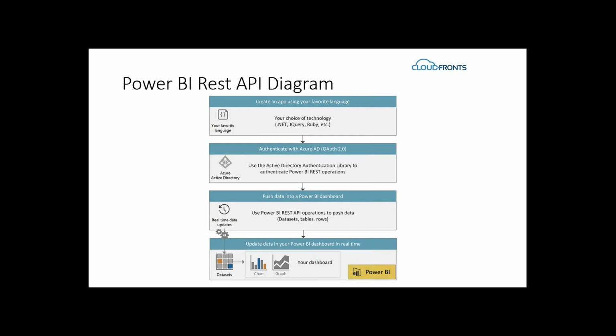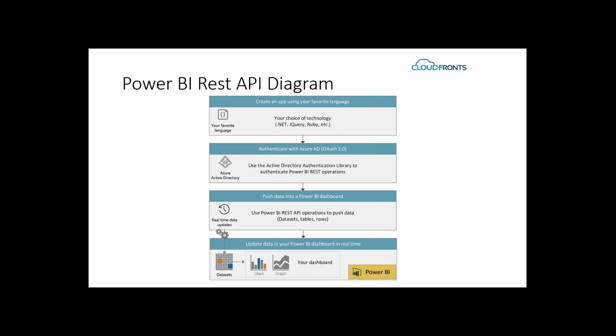Microsoft is now contributing a lot to open source, so there are a lot of libraries available for JavaScript or PHP with which you can authenticate your applications to Azure Active Directory and start consuming the REST API.